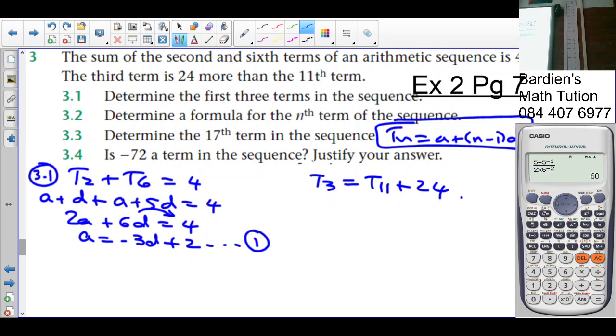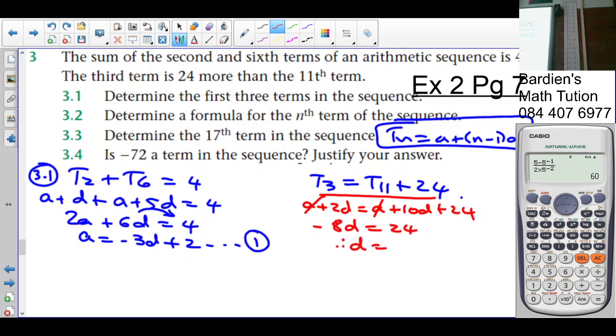On the other hand, we have T3, which is A plus 2d, equals T11, which is A plus 10d, plus 24. The A's cancel, not so? We take 2d minus 10d. What is 2d minus 10d? Negative 8d is equal to 24.